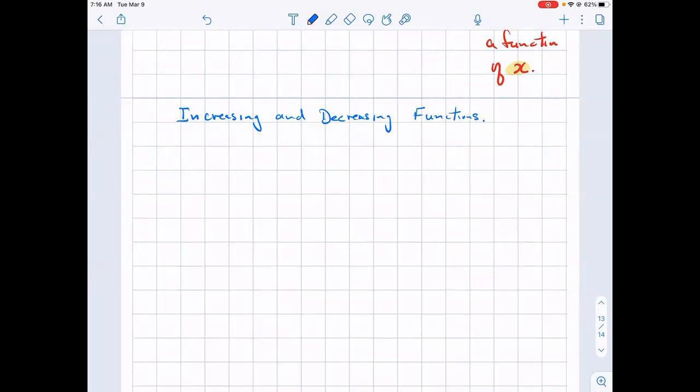So we can tell if a function is increasing or decreasing by looking at the graph.